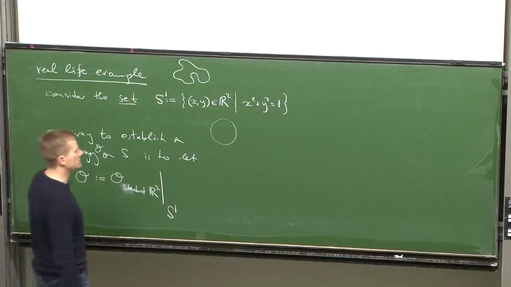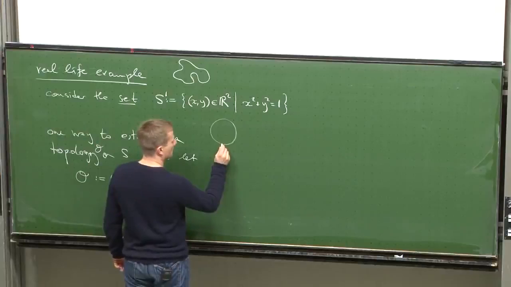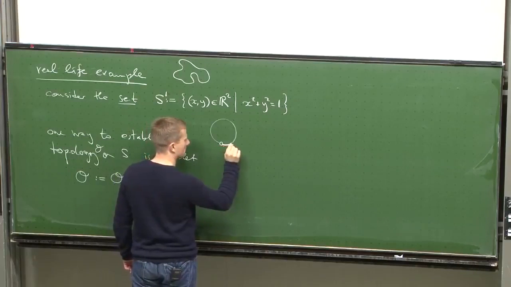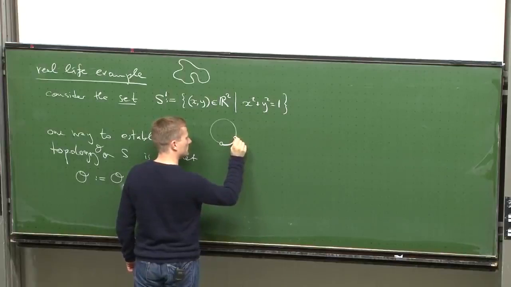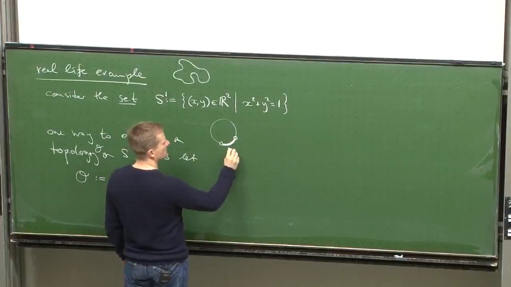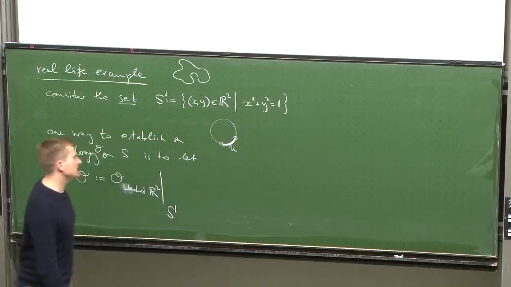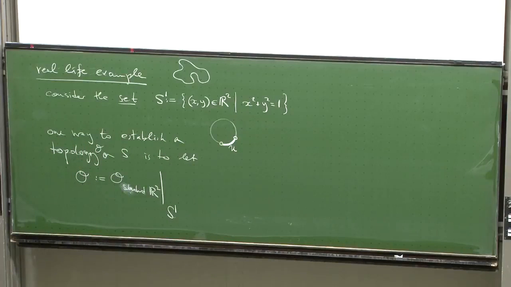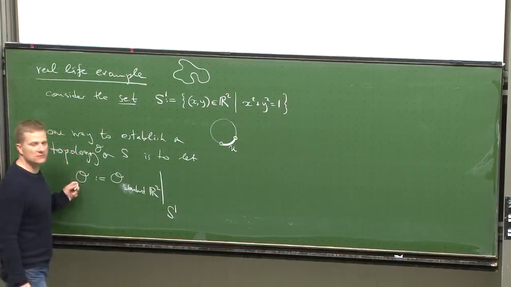So how does that look like? I could ask the question: the subset of the circle that's open, that does not have this point, and also this point is not there, but all the other points in between belong to the subset U. Is this an open set in the induced topology? What do you say, yes or no? Is this U open in the induced topology on the circle?